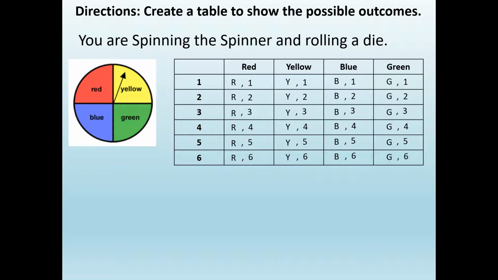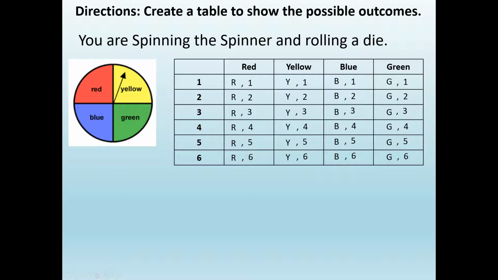Now, yesterday we talked about the fundamental counting principle. The fundamental counting principle said that if we had m events of one type and n events of another type, and we combine them, we're going to end up with mn events. So notice I have 4 possible outcomes on my spinner.